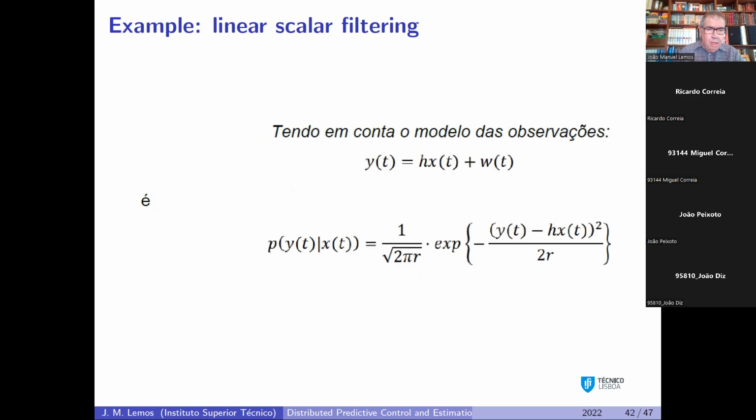Now, for filtering, I have to look at the relation between y and x. The density of y given x has mean h x, and the covariance will be the covariance of w, because when you condition on x, this becomes a constant, and this is the white noise, so it has a Gaussian distribution with zero mean.